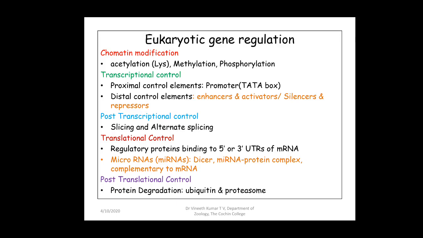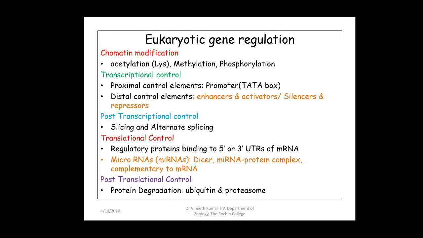So there are different processes for this: acetylation, methylation, phosphorylation, etc. Usually acetylation causes a naked DNA to show up. That means it favors transcription. What methylation and phosphorylation do, whether they initiate or activate transcription or inhibit transcription, depends upon the gene.